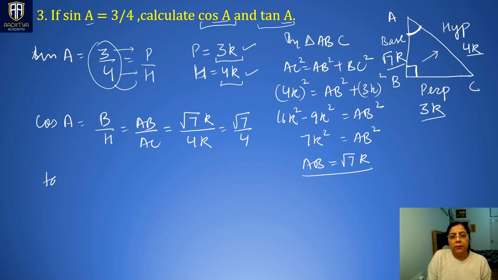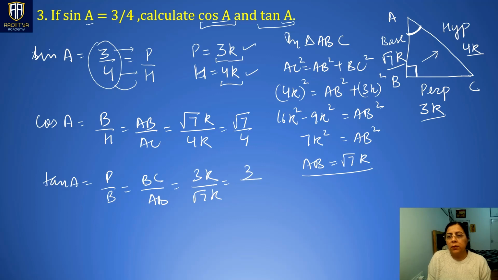Then we have to find tan of A. This is the ratio of perpendicular and base. Perpendicular here is BC and base is AB. So it is 3k over root 7 k, which gives 3 over root 7.